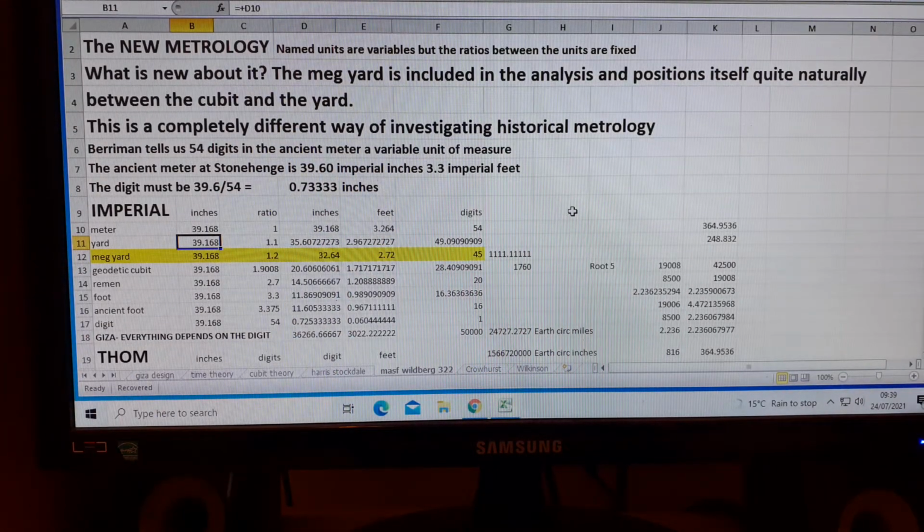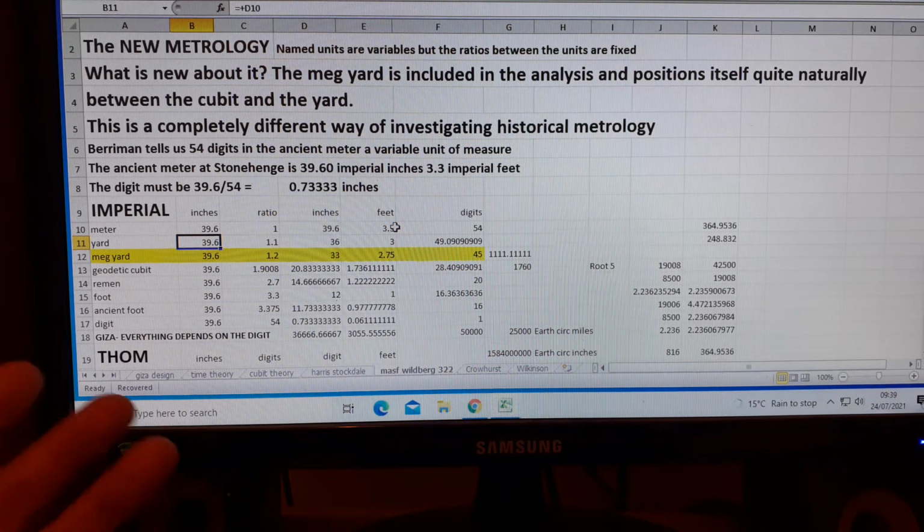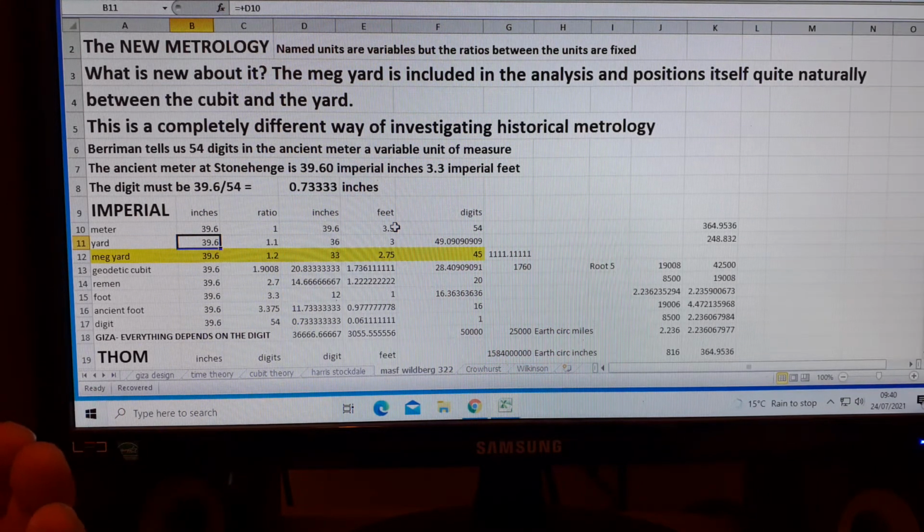So let's do it for 39.6. 33 inches, 3.3 feet. It's a constant ratio. And now we can see that the megalithic yard is a very simple unit. It's a constant ratio where, when the meter is a variable unit, the length of the meter determines the length of the megalithic yard.